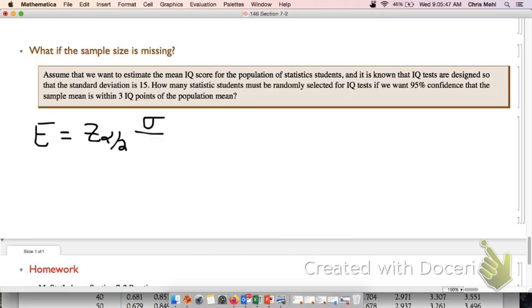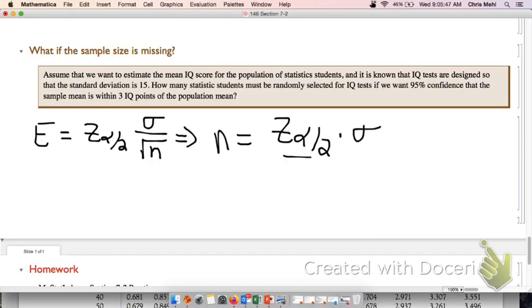And then you would multiply it by sigma, the population standard deviation, over the square root of n. And if you solve this formula for the sample size, n ends up being, let's see if I can get this right, z alpha over 2 times sigma over the error, and the whole thing ends up being squared.